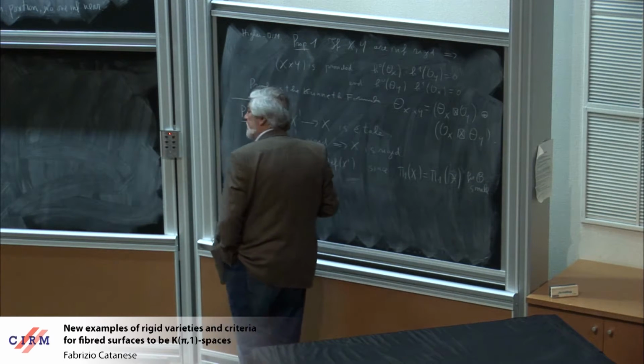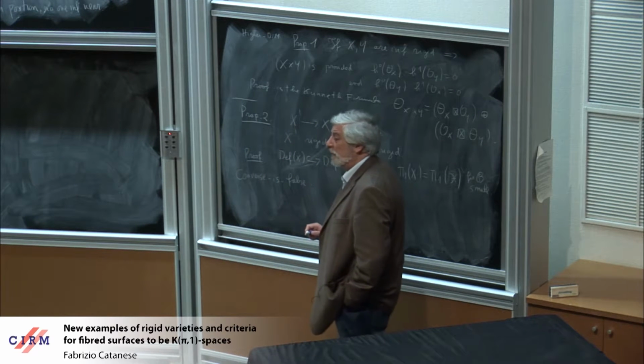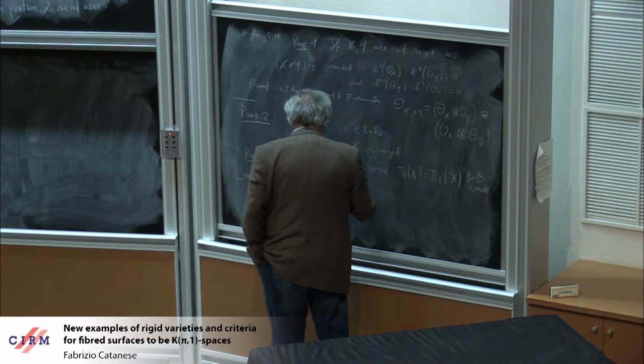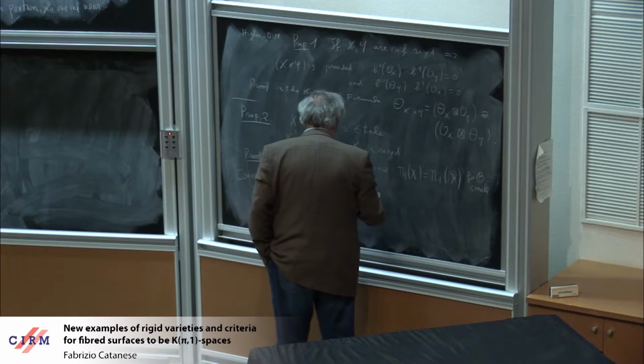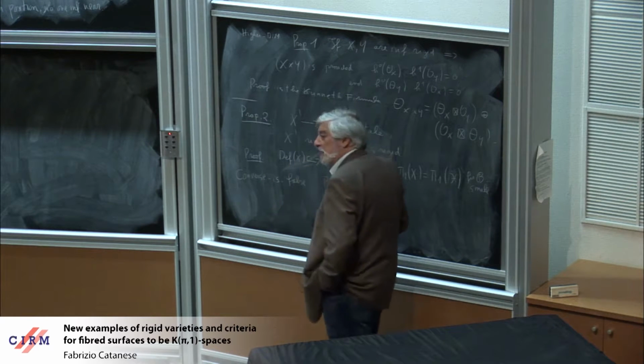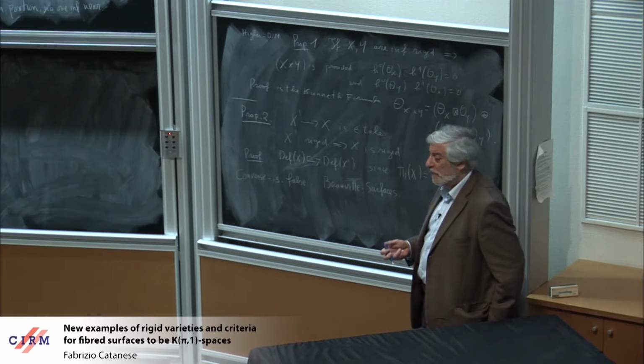The easiest examples are the so-called Beauville surfaces. Beauville surfaces are among the easiest examples of rigid surfaces.